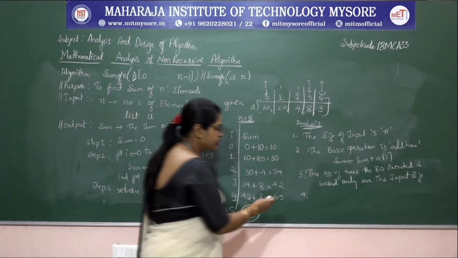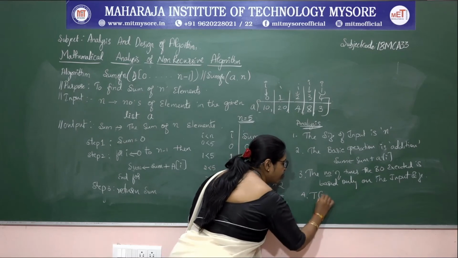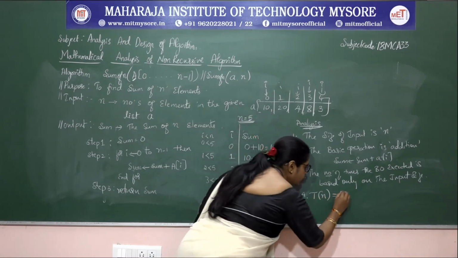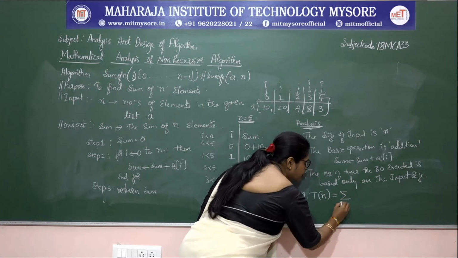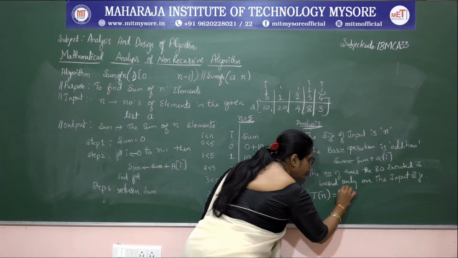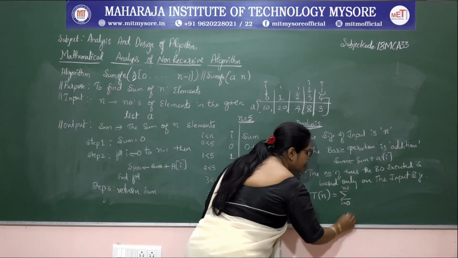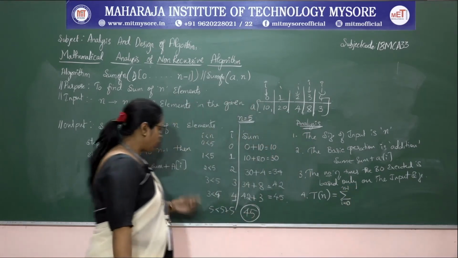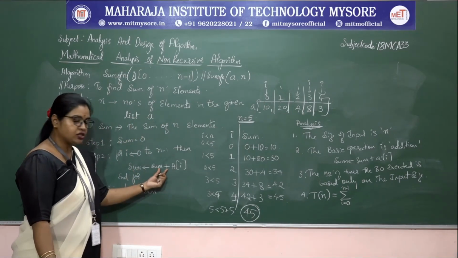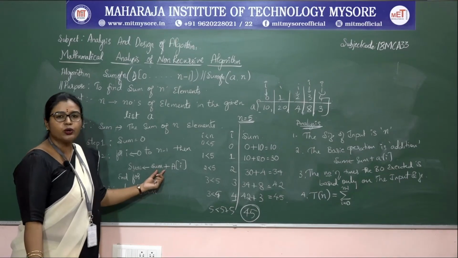Therefore, we need to set up the summation equation to find the time efficiency function. More or less it is equal to the sum where I starts from 0 to n minus 1. What is the basic operation here? Addition. How much time is it going to take?